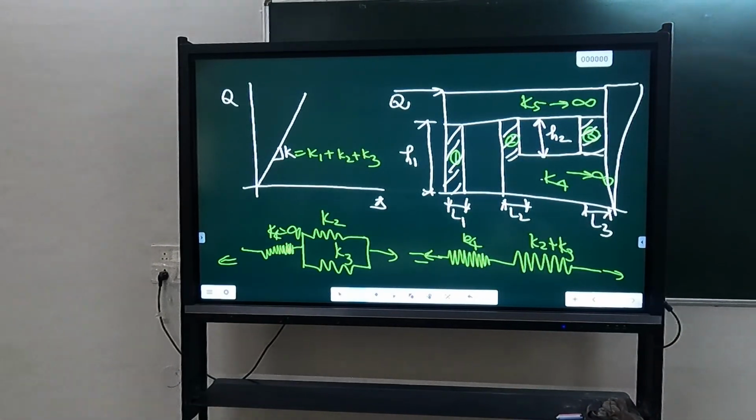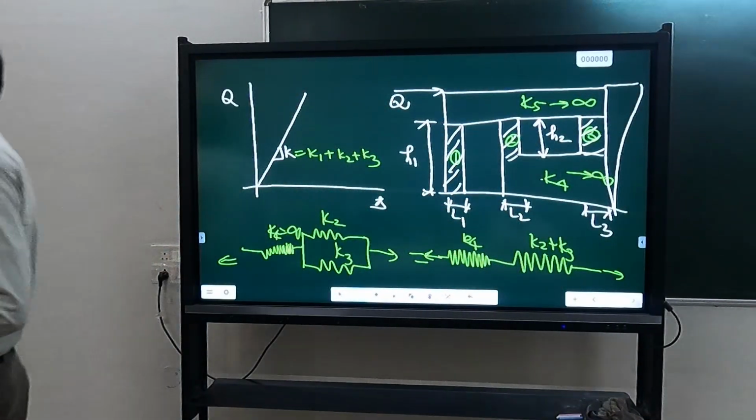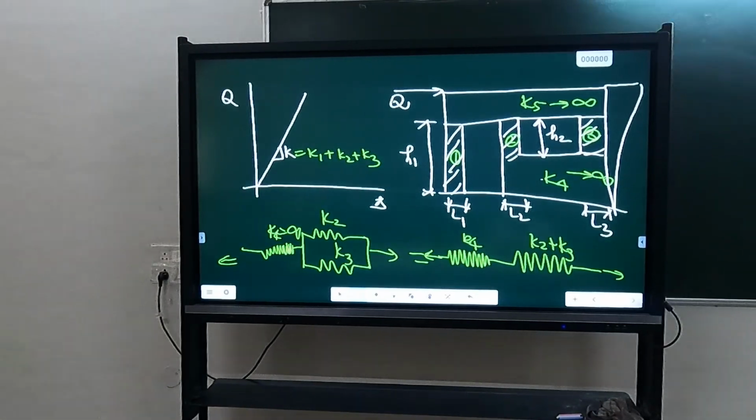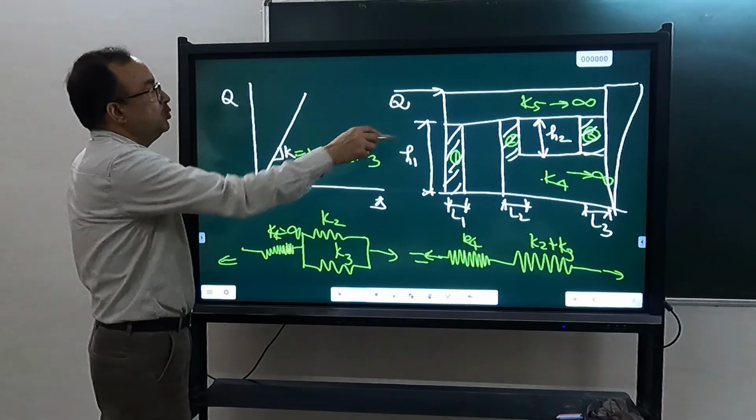If you add zero stiffness in parallel, it has no effect. If you have infinite stiffness in parallel, the resultant stiffness will be infinite. Okay. So using that, you can see that K1 plus K2 plus K3 is the total stiffness.